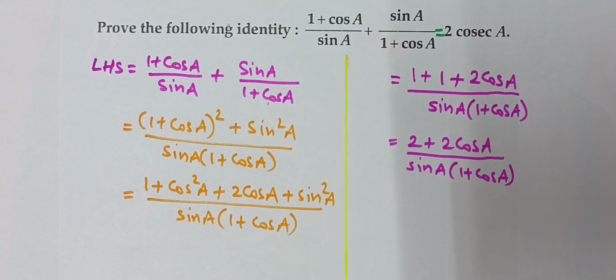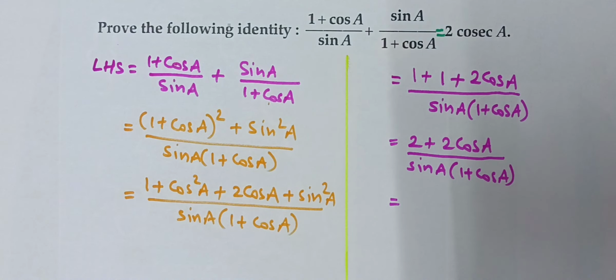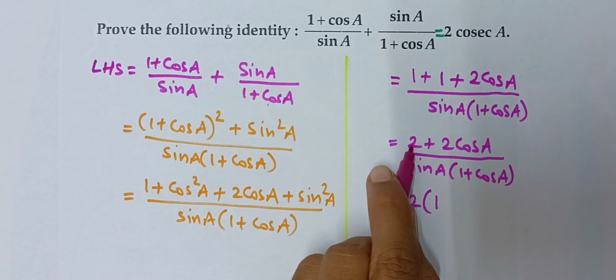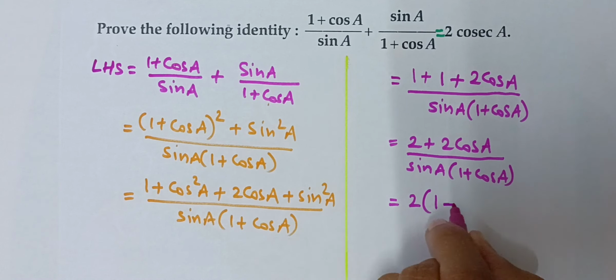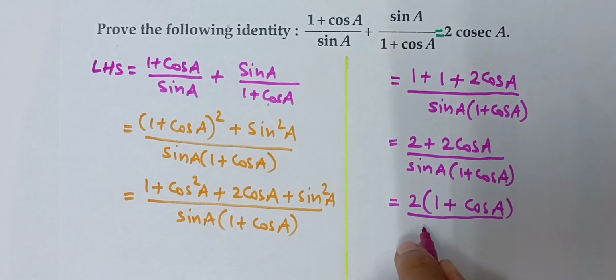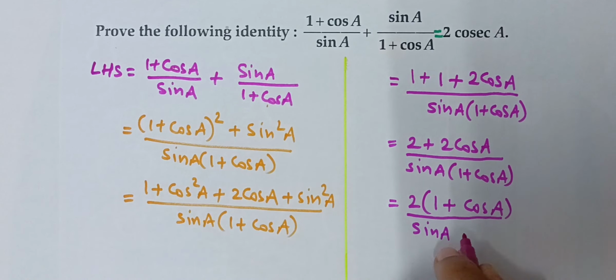So if both are unlike, then we can take 2 common. 2 is a common factor in both terms of the numerator. If I take 2 common, where nothing is remaining, at that time we have to consider 1. From the first term, remaining is 1. In the second term, remaining is cos A. In the denominator we write as it is, sin A (1 + cos A).